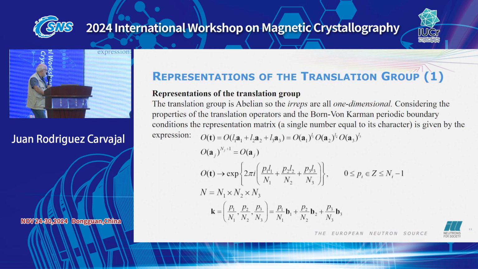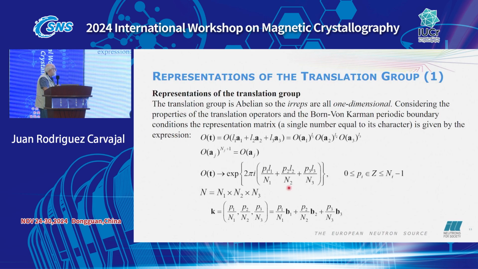In such a case, you can define a vector K that corresponds to different points continuously. In principle, they are continuous, but here, if you put N1, N2, N3 going to infinity, in fact, they are continuous. Then these vectors, you see here this product, that corresponds to a scalar product of a vector in the reciprocal space, not lattice, but reciprocal space, multiplied by a lattice translation.